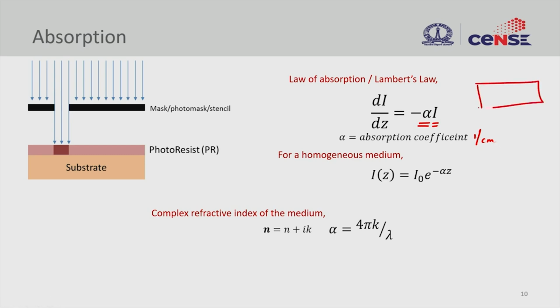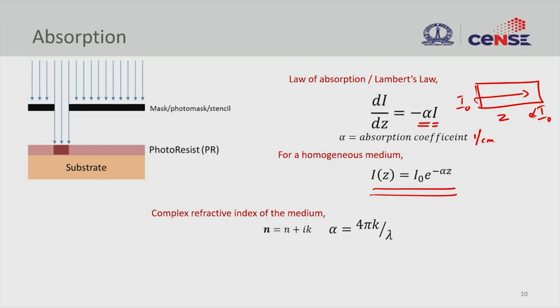You take a bulk of material and illuminate it with I naught, and after a distance z, you will get a power that is the resultant of this absorption after passing through. This gives you how the intensity profiles as a function of length.